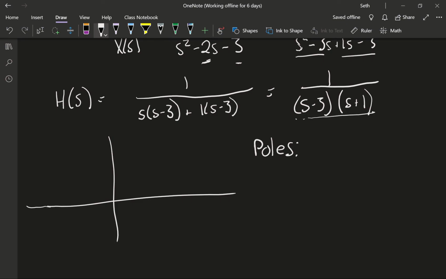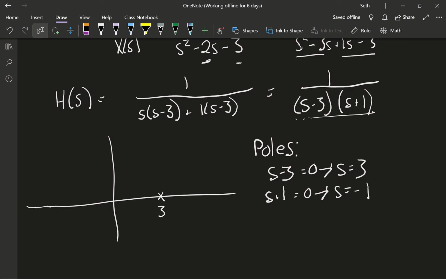So s minus 3 equals 0 gives you the pole s equals 3, s plus 1 equals 0 gives you a pole at s equals minus 1.